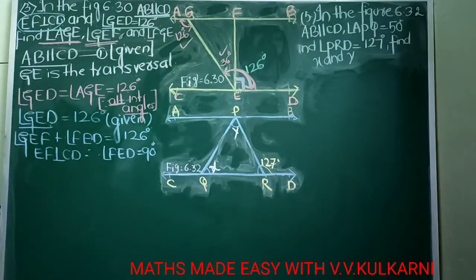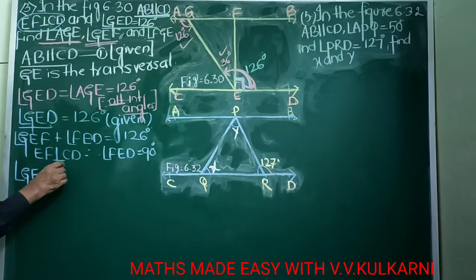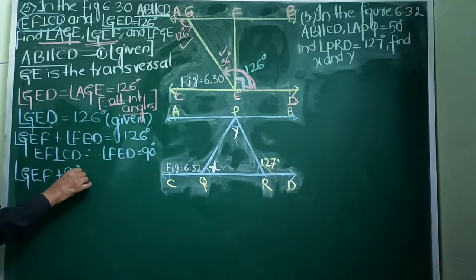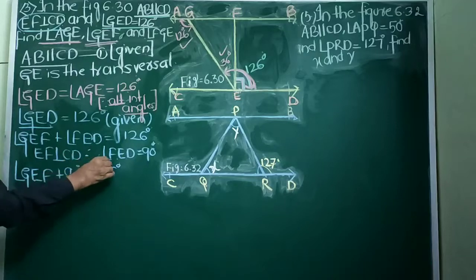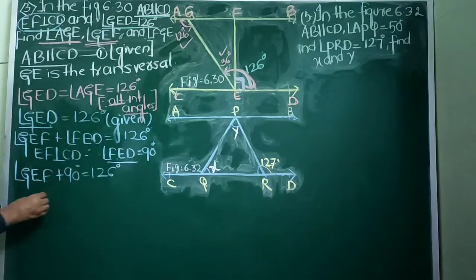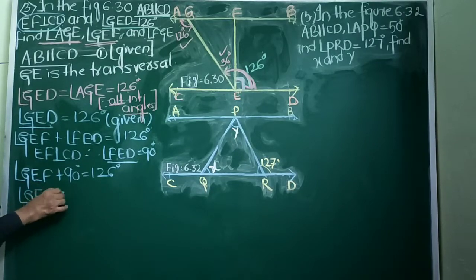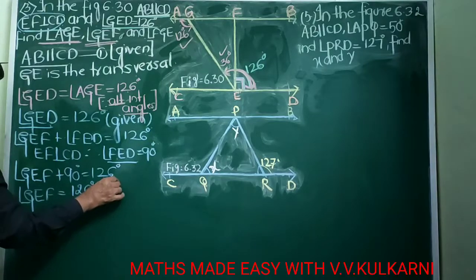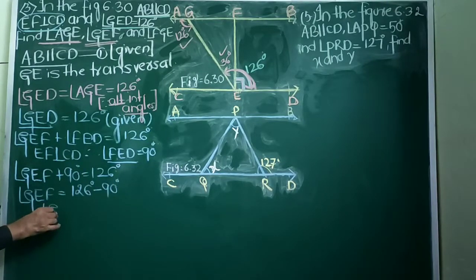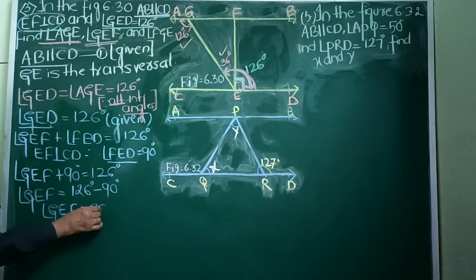If I put that here, then I will get angle GEF plus 90 degree is equal to 126 degree. Instead of FED, I have put 90 degree. So angle GEF is equal to 126 degree minus 90 degree, so angle GEF is equal to 36 degree.